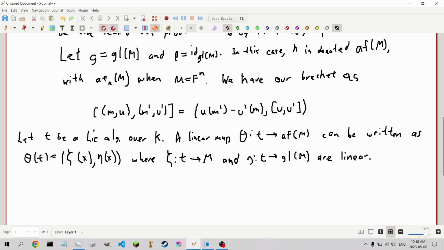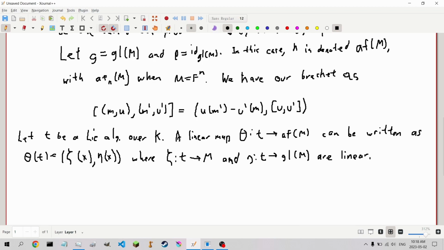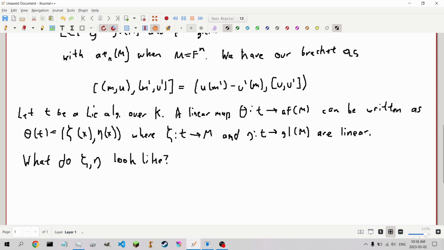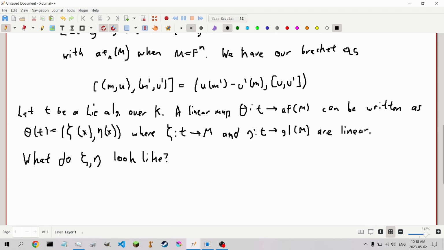And so the question is, what constraints can we have on this map based on the fact that theta is a homomorphism? So write it down. Well, what does it mean for theta to be a homomorphism? I guess it's not necessarily a homomorphism, that is an assumption.